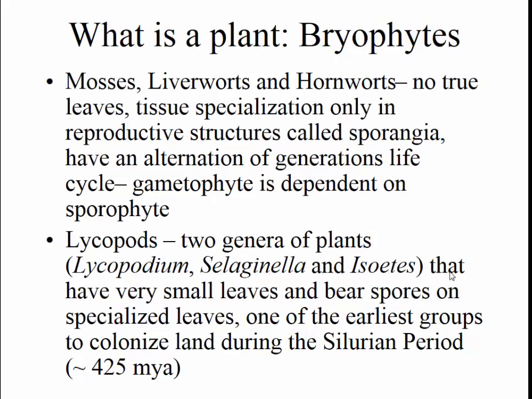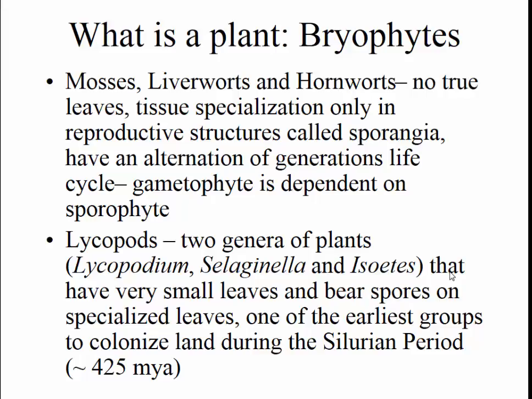Mosses, liverworts, and hornworts have no true leaves. Their tissue specialization is only for the production of reproductive structures called sporangia. They have an alternation of generations life cycle like all plants, but in this case the gametophyte, the haploid generation, is dependent on the sporophyte.